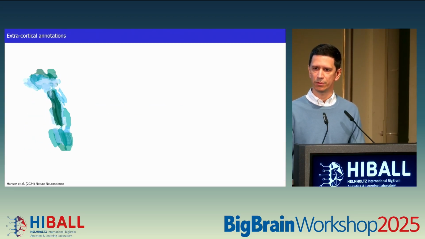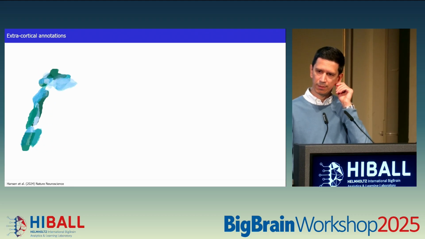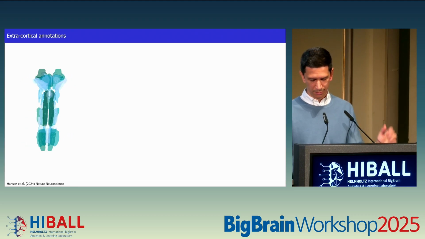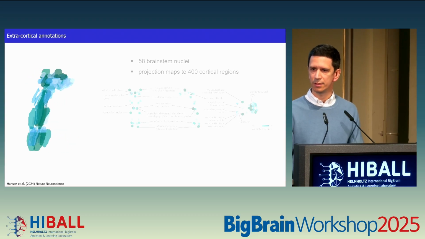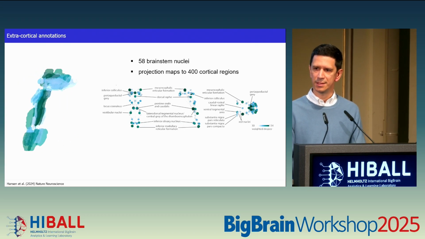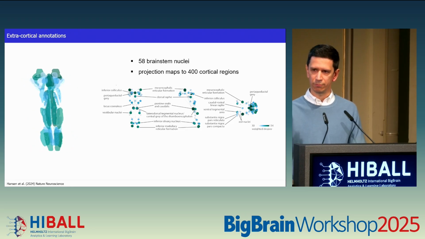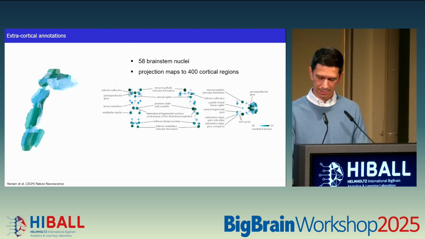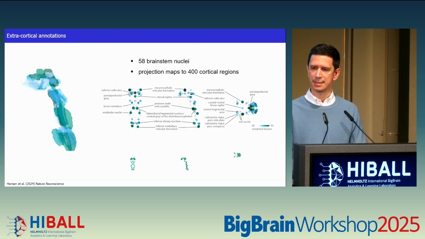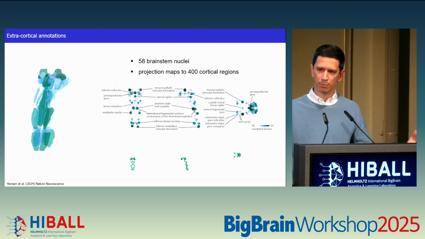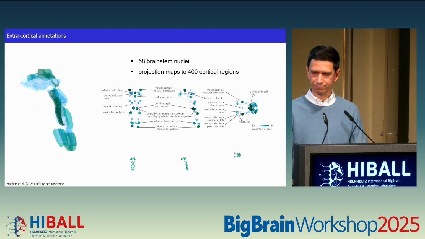So this is an example from a recent study where, working with Marta Bianciardi at Harvard, we delineated 58 different brainstem nuclei and then reconstructed their projection maps to the cortex. And so what you have now is not necessarily a deeper representation of the cortex, but just a bigger network.